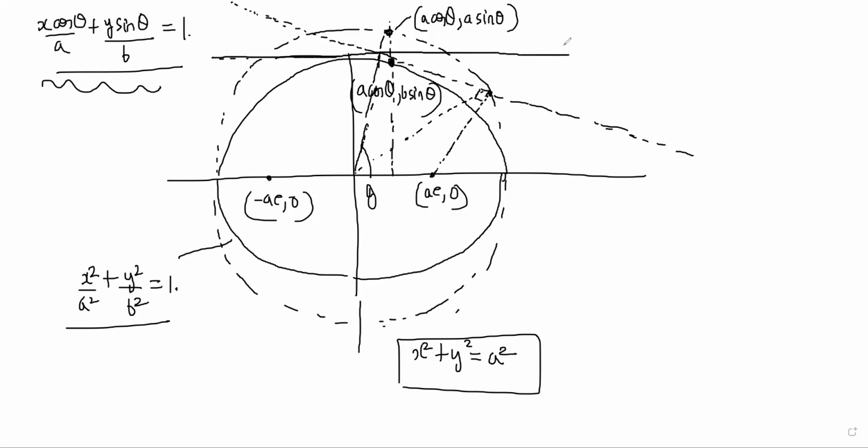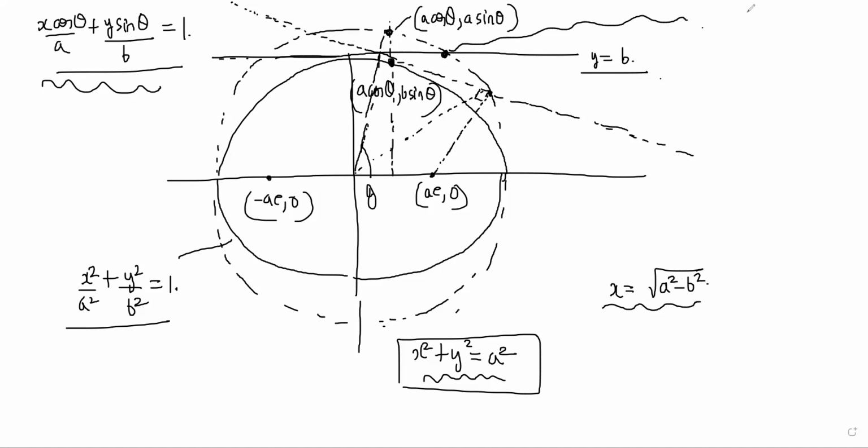That tangent would have been y is equal to b. Where does that cut this? That is easy to find at least. X will be root over a square minus b square, so the point is root over a square minus b square comma b.